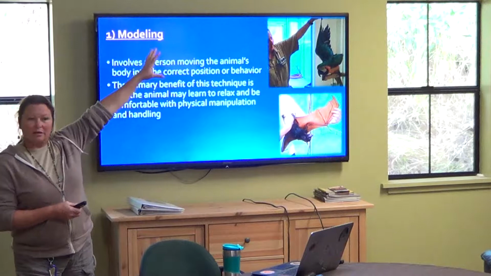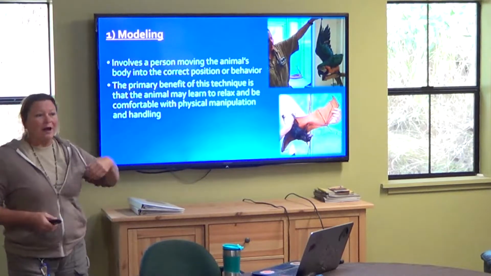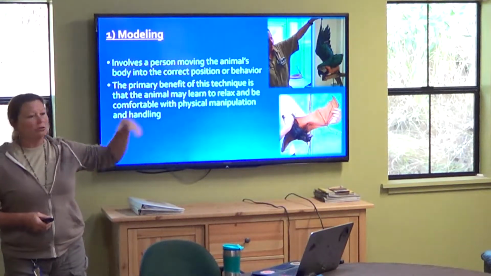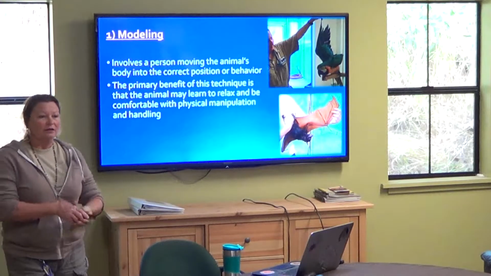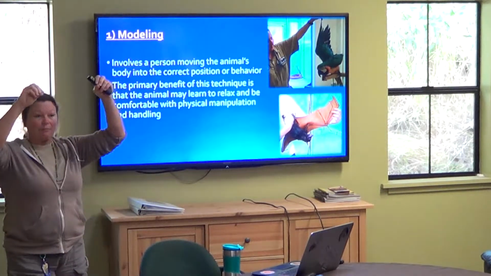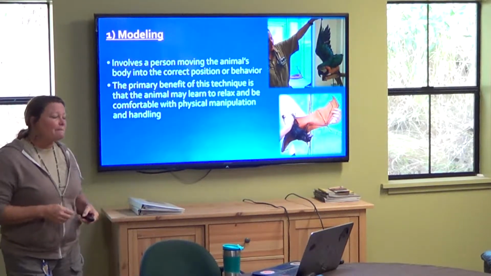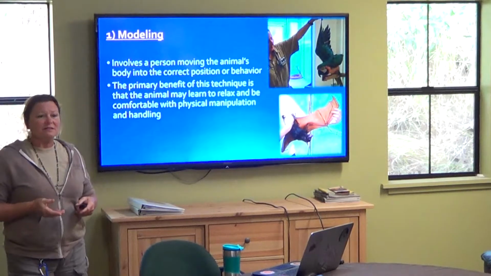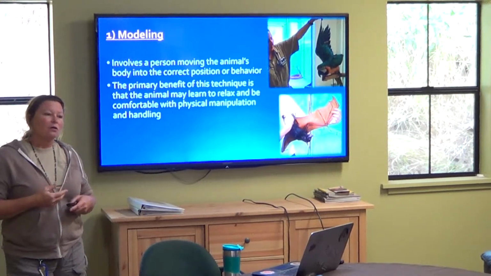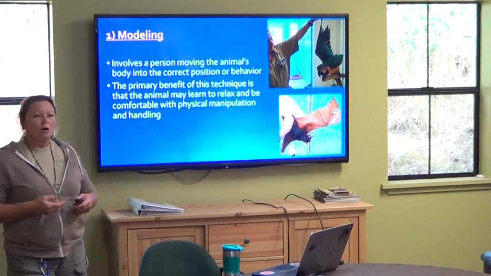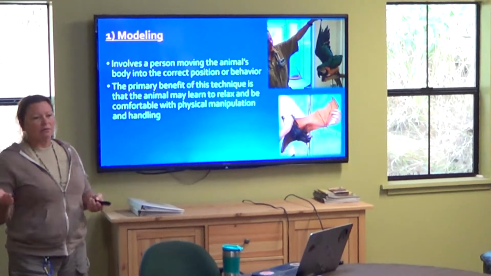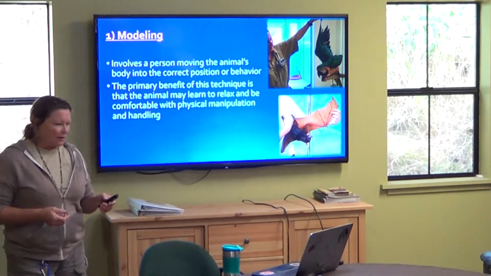It might be pulling an animal's wing up, so rather than teaching the animal to extend their wing to a target, you actually take that body part and move it. I think the biggest advantage of this technique is that the animal, hopefully, you're not forcing it, learns to relax in the presence of you manipulating its body.